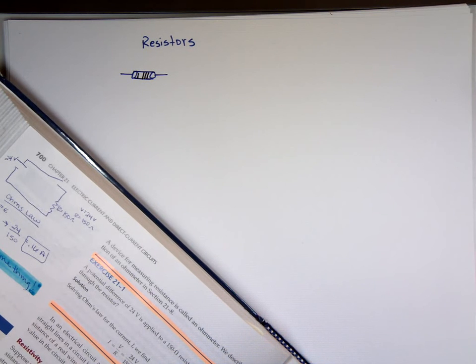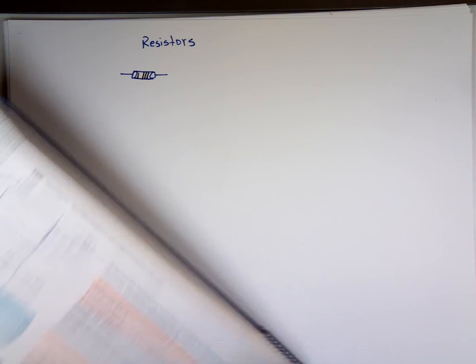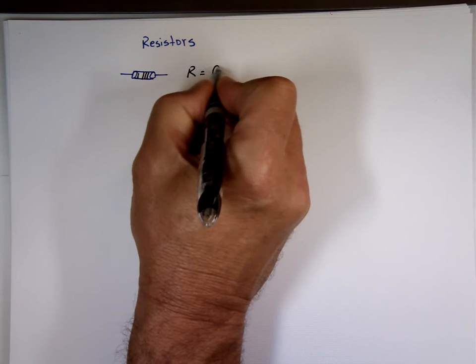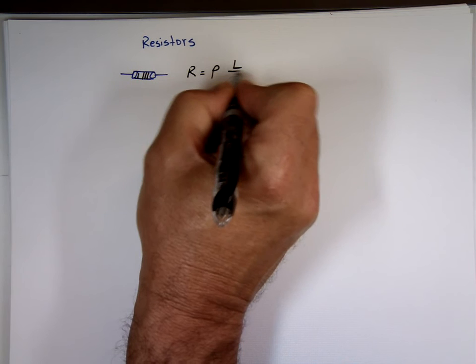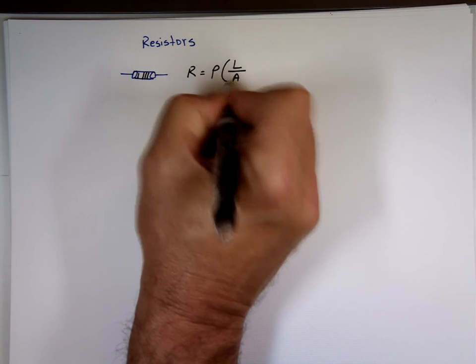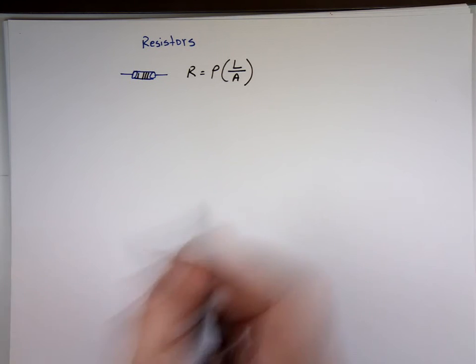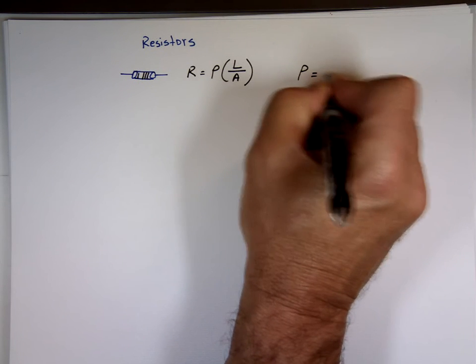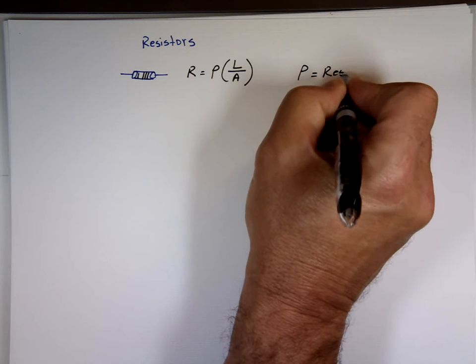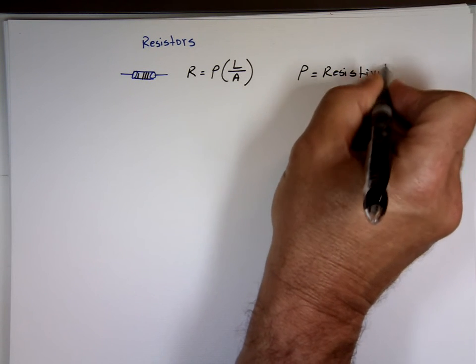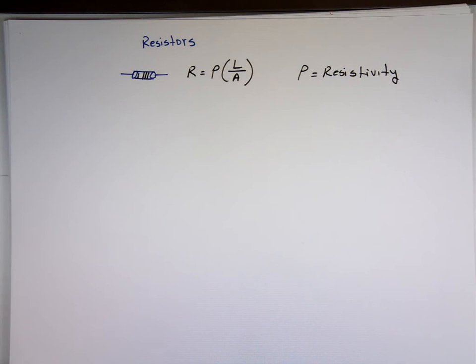And the value of that resistor can be found by taking rho times L, the length of it, divided by area. And rho is the resistivity. That's your resistivity. As I said, it changes from substance to substance.